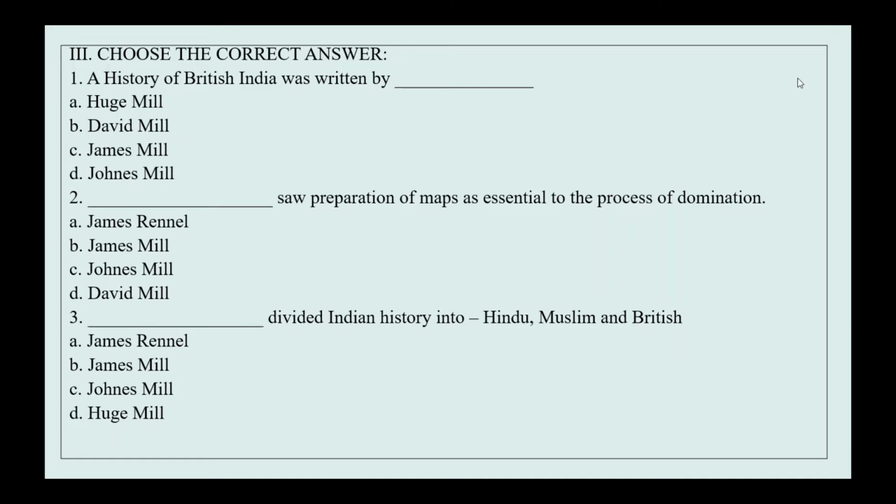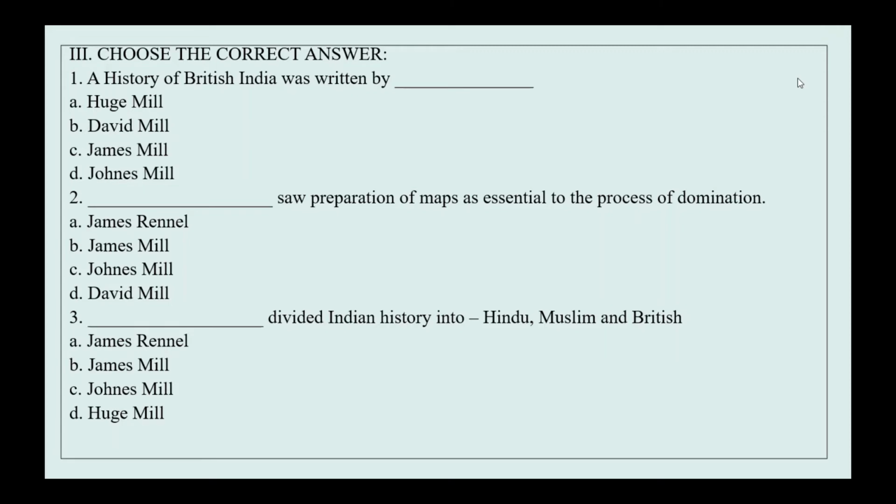Dash saw preparation of maps as essential to the process of domination. Option A, James Rennell. Option B, James Mill. Option C, Jones Mill. And option D, David Mill. Which is the right answer? The right answer is option A, James Rennell.